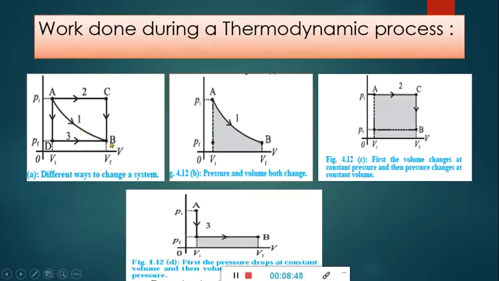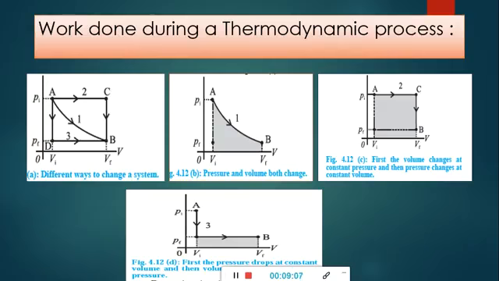The final state of the system is shown by the point B, and its coordinate is VF and PF, that is, final volume and final pressure. Curve 1, this path 1 shown in the figure, is one of the many ways in which we can change the system from state A to state B.